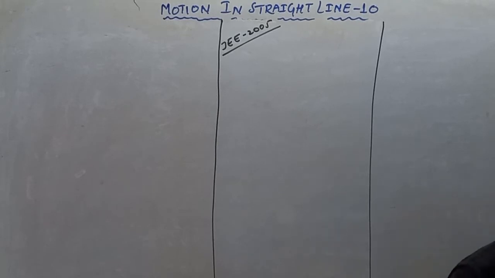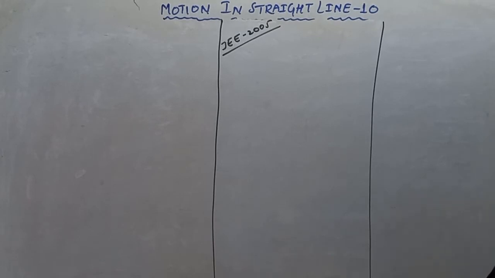He reaches the ground with a speed of 3 meter per second. At what height did he bail out?